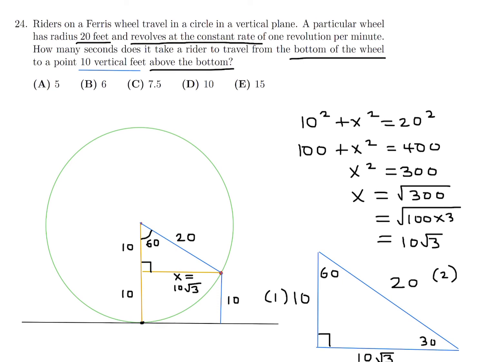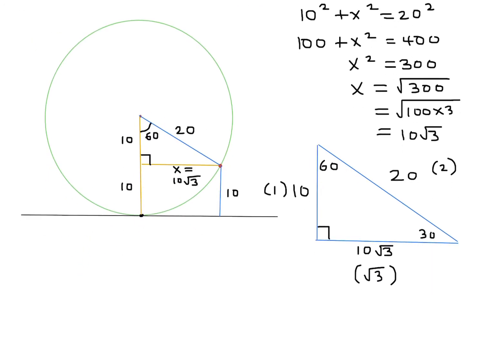So that is when we look at this part of the question. This wheel revolves at a constant rate of 1 revolution per minute. So what that means is that it goes all the way around in 1 minute. So it goes 360 degrees all the way around in 1 minute, which is 60 seconds.